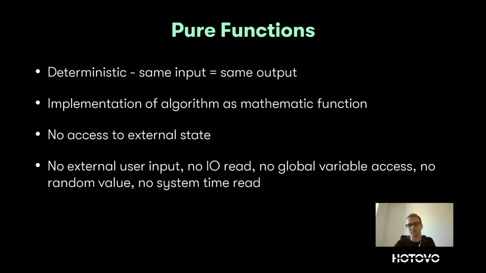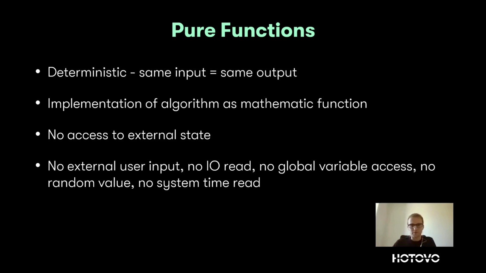So I can call this function as many times as I want. It always gives me the same output for the same inputs, and it should always return. This is another property of functions, called totality, or a total function. So it always returns.